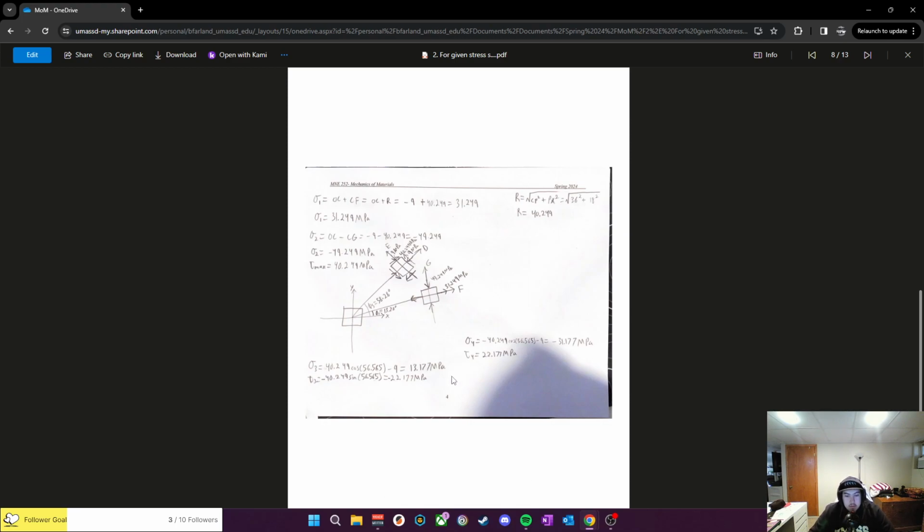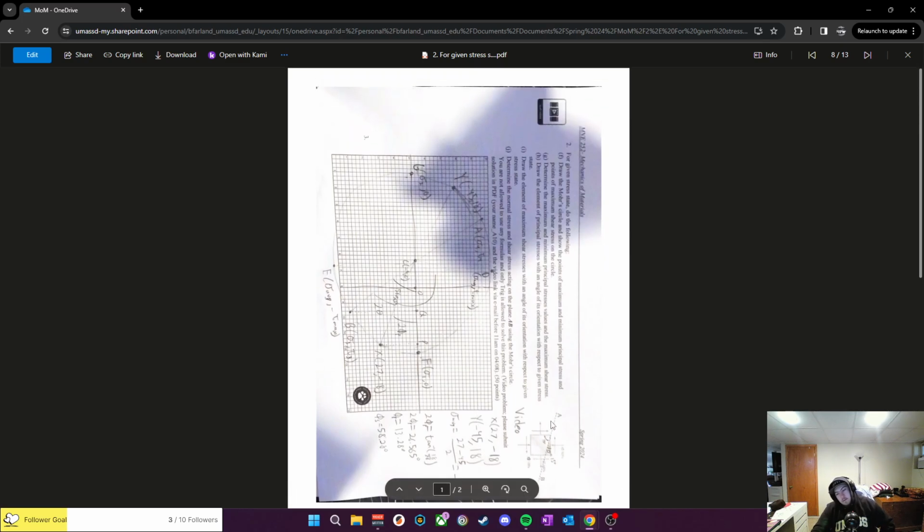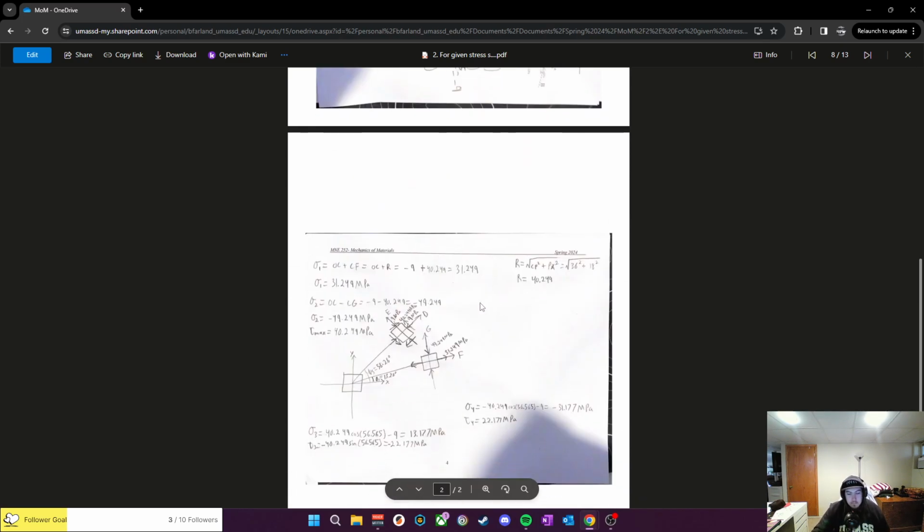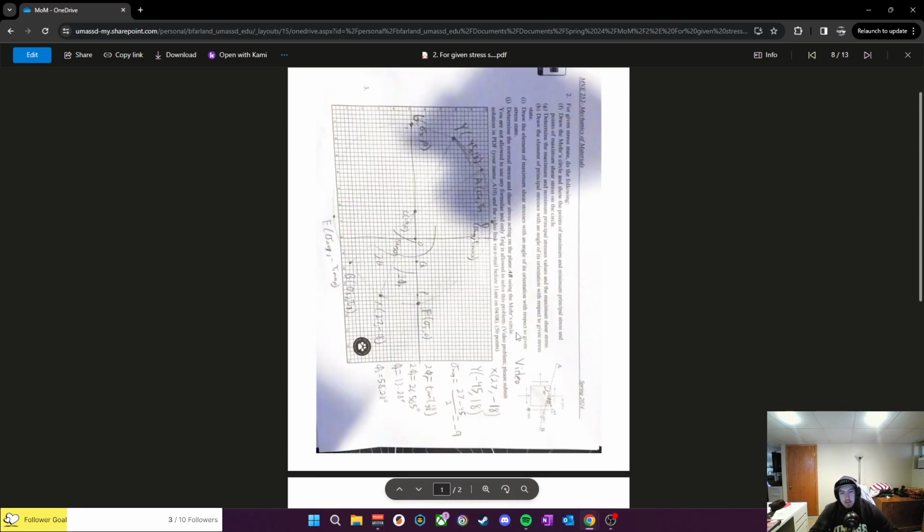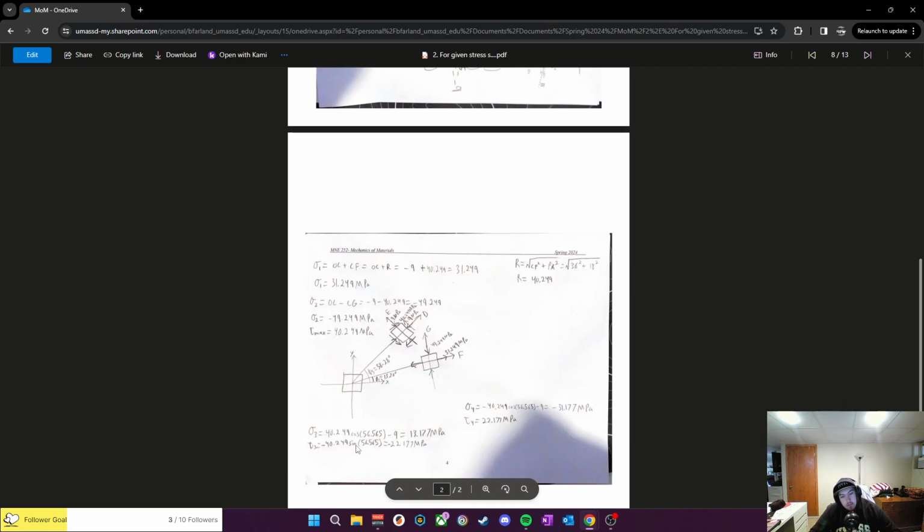After that, I have to calculate the normal and shear stress for the A and B axis, for the plane A and B. To do that, for the normal stress, I take the radius times the cosine of the angle, which is 56.565 degrees, minus 9.